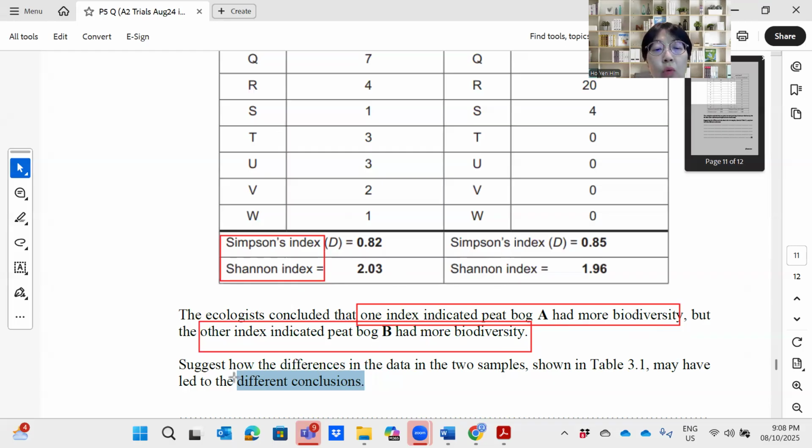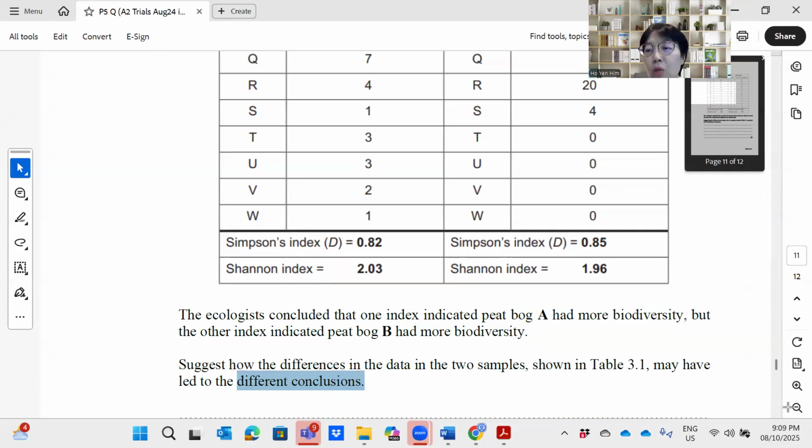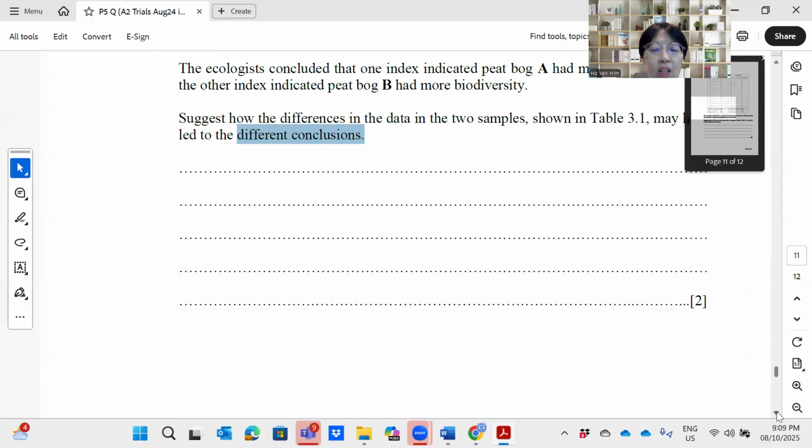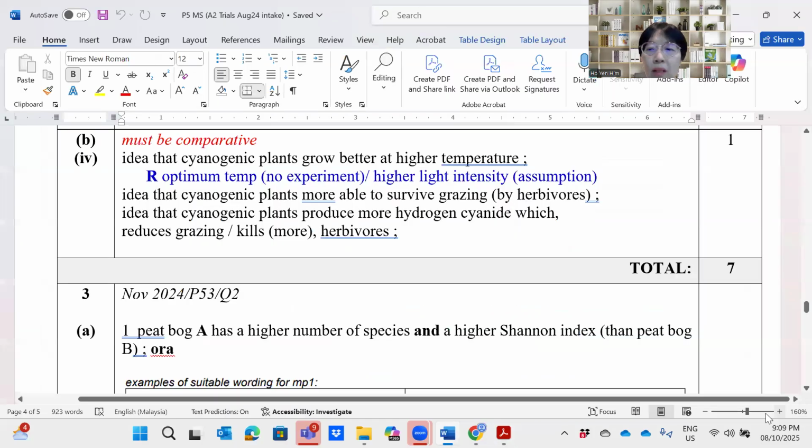So we need to give the different conclusions, apart from what is the difference in data that gives the conclusion. That's where you can get the full marks. Students who get the full marks, the majority of them, have done the past year. Okay? So 2 marks, let's look at the 2 marks.